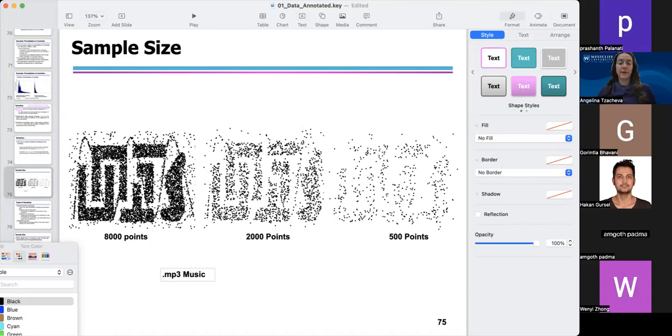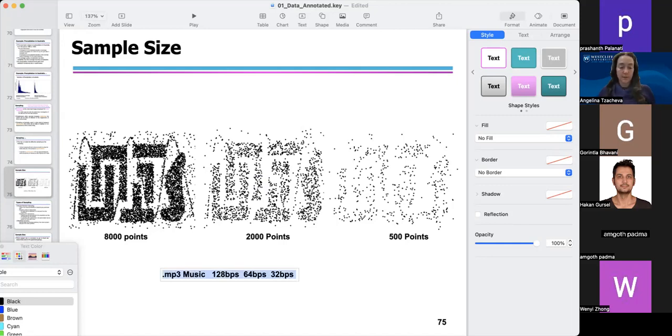You might have seen something called the MP3 file is 128 bits per second, or it's 64 bits per second, or 32 bits per second. That changes the quality of the sound, right?